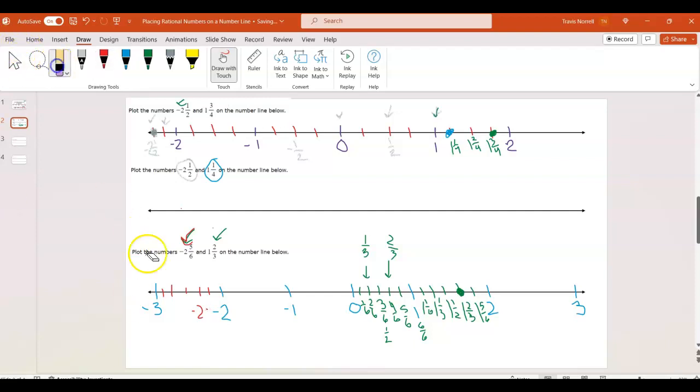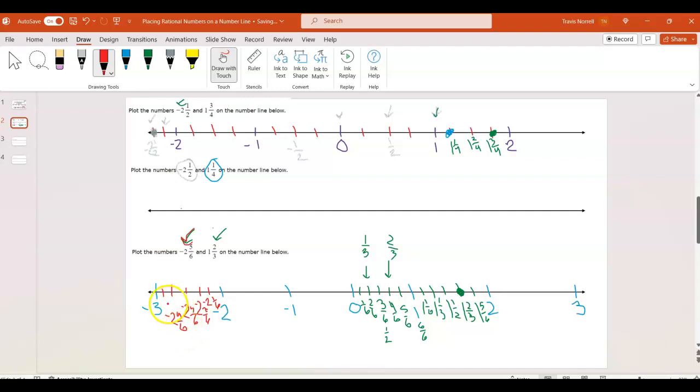Here, let me erase that. I wrote that really big. So -2 and 1/6. -2 and 2/6. -2 and 3/6. -2 and 4/6.